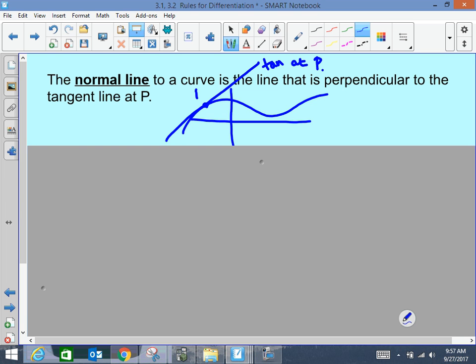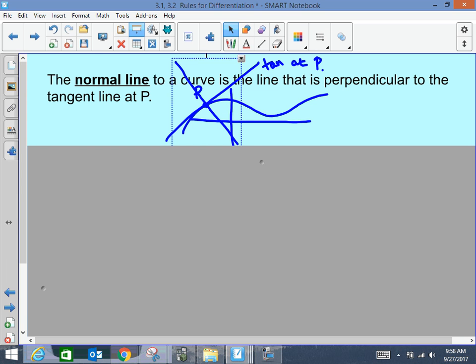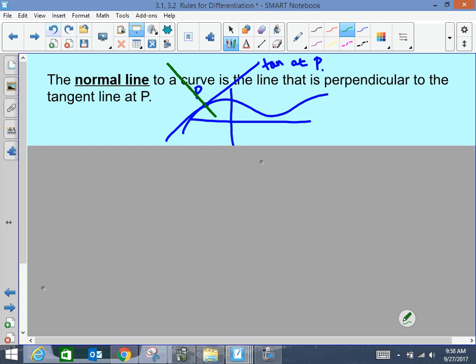Now draw yourself a perpendicular to that. It has to go through P, and that's considered your normal line. I'm going to do that in a different color. So that is perpendicular.